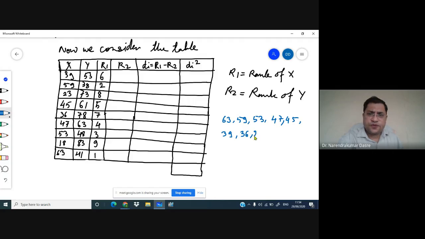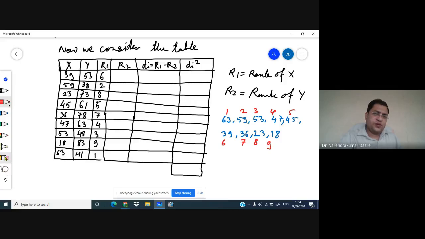We arranged these marks in decreasing order and then assigned the rank: first, second, third, fourth, fifth, sixth, seventh, eighth, and ninth. This way we have assigned the ranks to these observations.